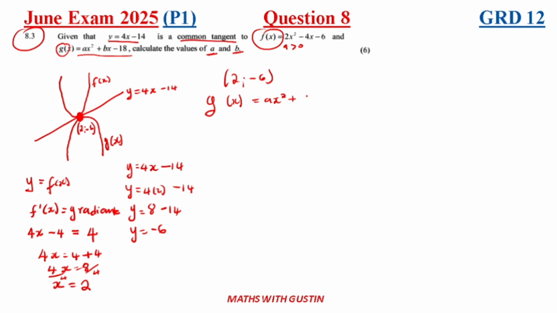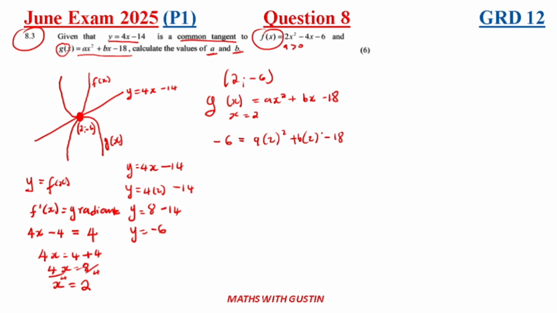As you can see there's a and b there, so most likely we're going to have to deal with this simultaneously. So now if x is equal to 2 in this graph, y is equal to negative 6. So y is equal to negative 6 provided that x is equal to 2. So let's go ahead and do that and see what we come up with.